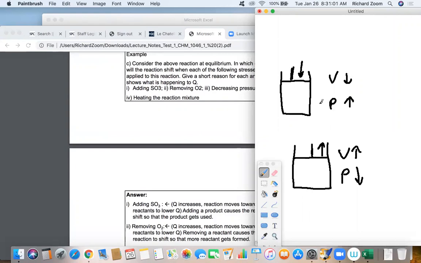In this instance, the rule that goes with the whole pressure-volume thing is, I'll write it down here: when volume goes down or pressure goes up, the reaction will shift to the side of fewer gas molecules.